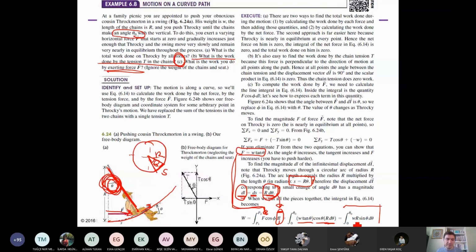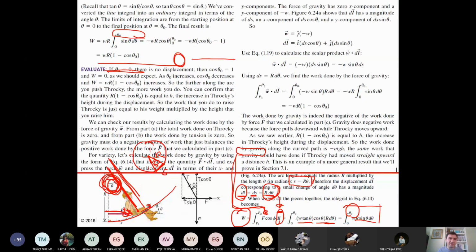So this is the integral, and if you know the weight, the r, and the final angle, and solve this integral, then you can get the work done by this push force on this guy. Any question? If you solve this integral, you will get this expression.